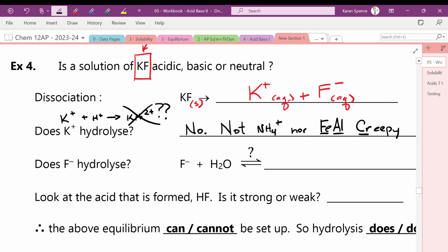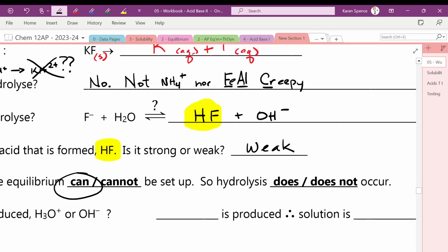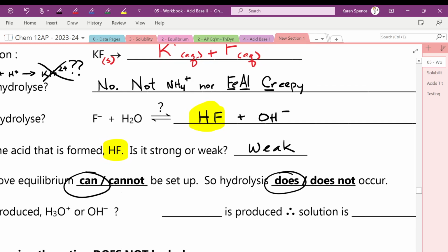Does F minus hydrolyze? We get HF and OH negative. Look at the acid that is formed, HF. Is it strong or weak? It is weak. Therefore that equilibrium can be set up, so hydrolysis does occur.